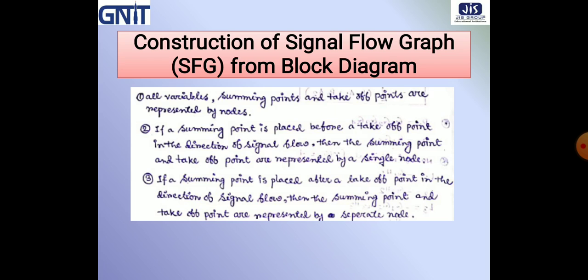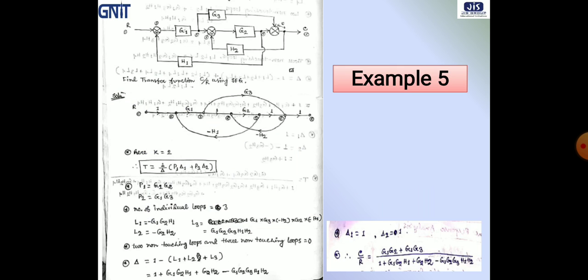And if a summing point is placed after a takeoff point in the direction of signal flow, then the summing point and takeoff point are represented by separate nodes. So these are the three basic rules which we have to keep in mind when we construct our signal flow graph from a block diagram.